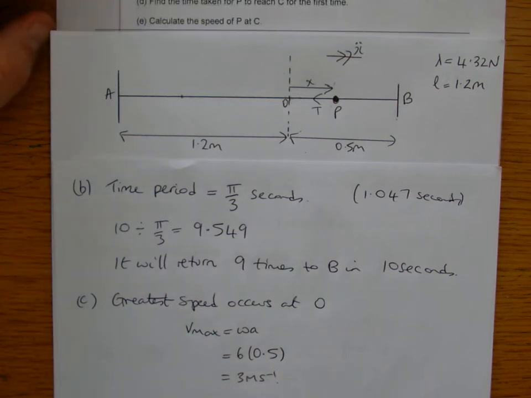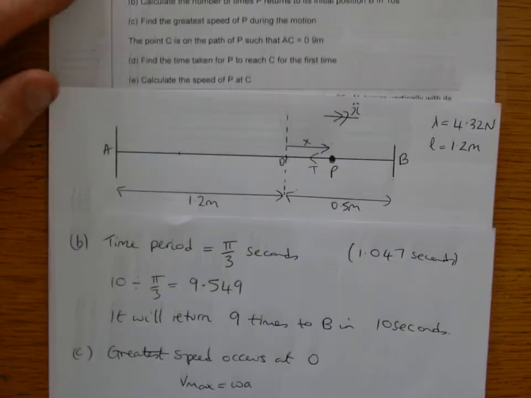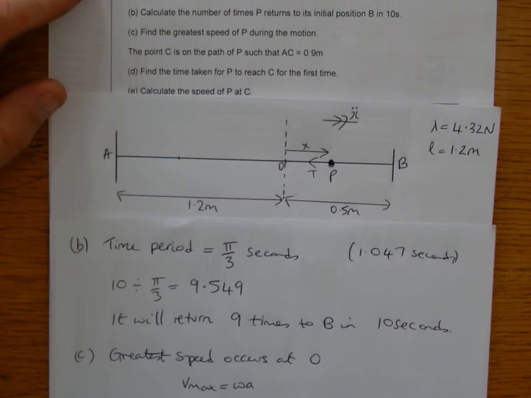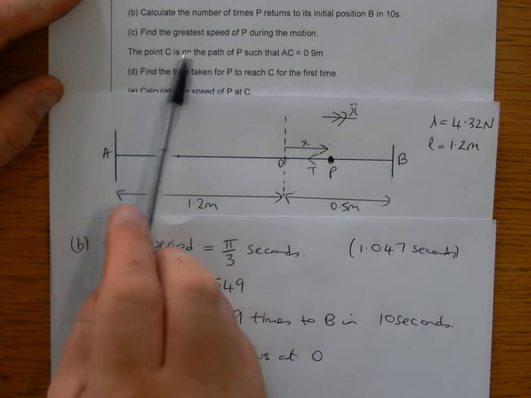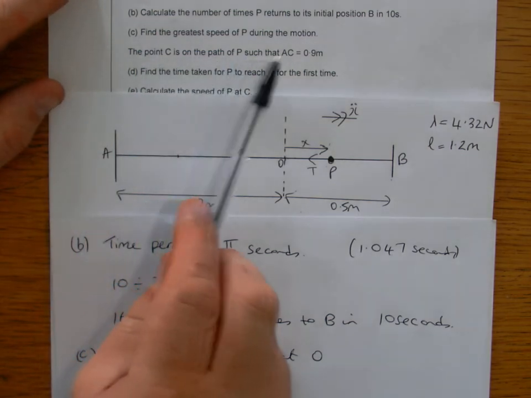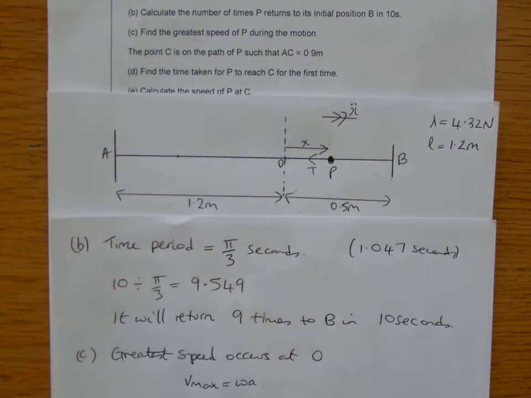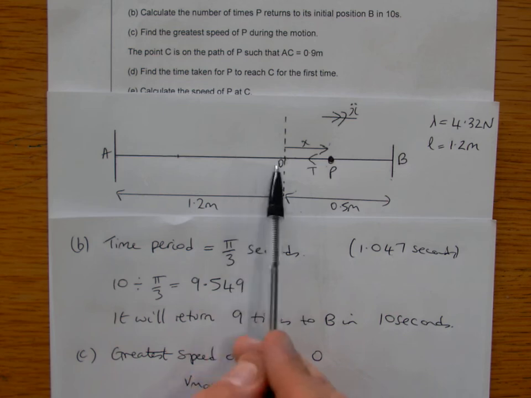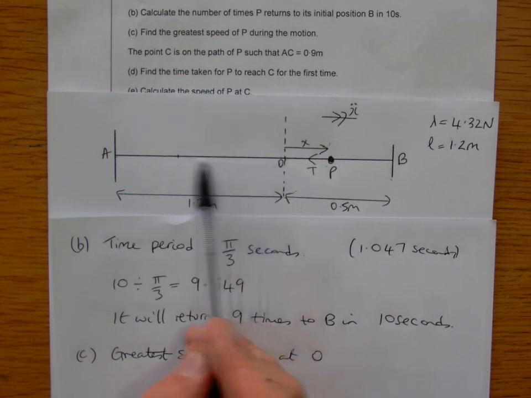Then in the next bit, what does it say? It says the point C is on the path of P such that AC is 0.9 meters. So let's see where this would roughly be here. If you think about it, the amplitude is 0.5 meters.